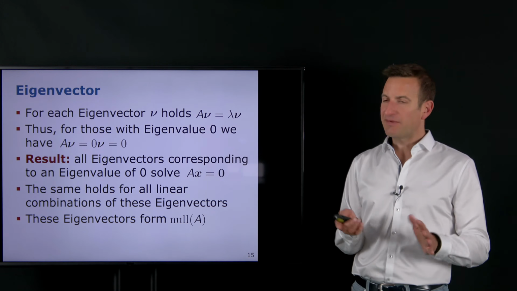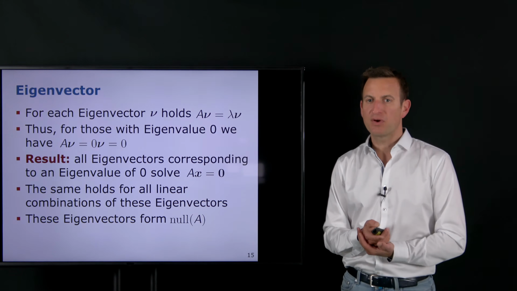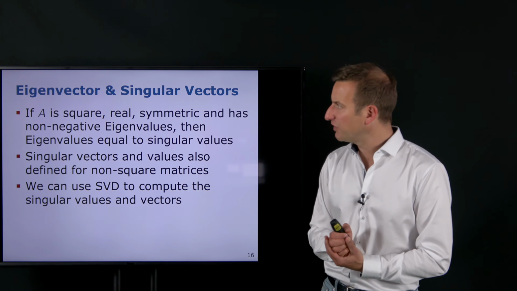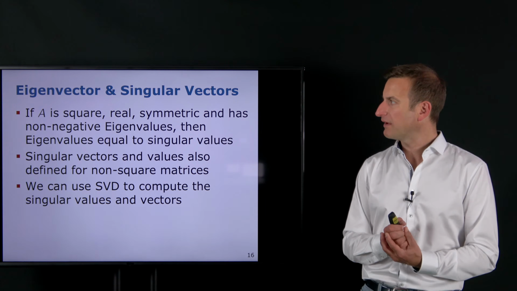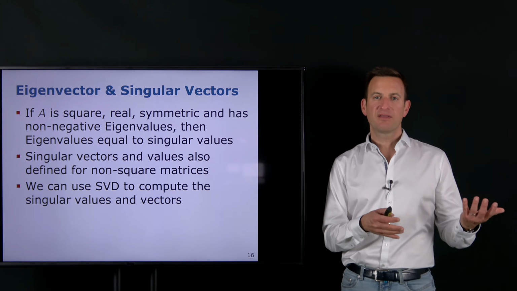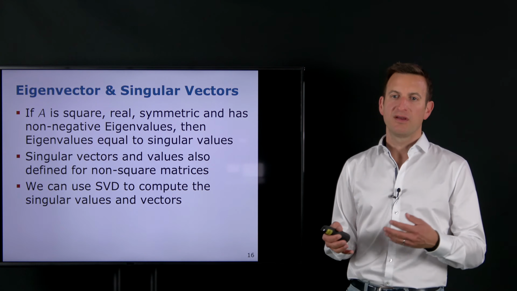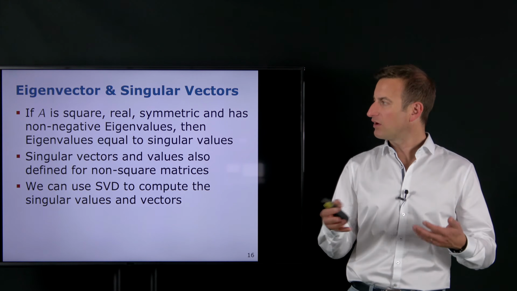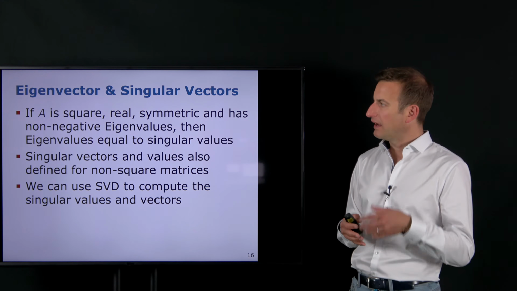Okay, so this is about eigenvectors, something you probably still remember, and there's another concept called singular vectors. The eigenvectors and singular vectors, and eigenvalues and singular values, are actually related to each other.